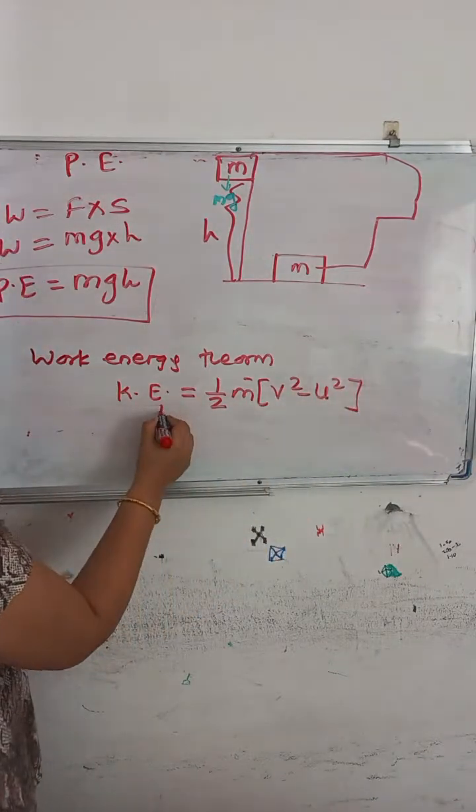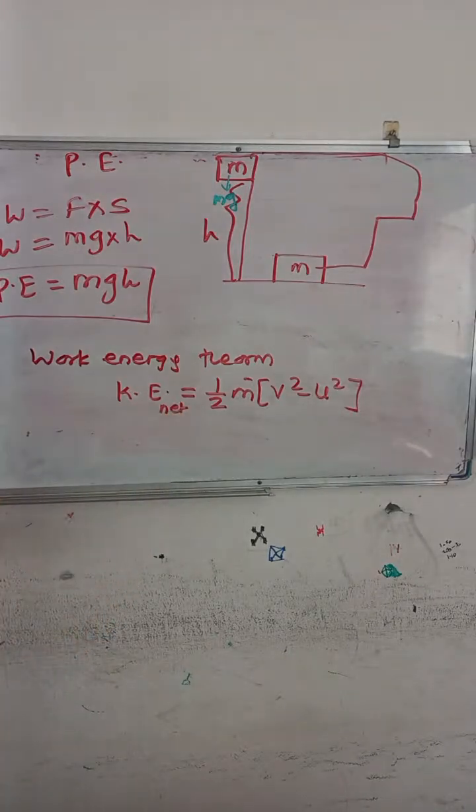This is also one formula, you can note it down. This is one of the formulas, you can take a screenshot of this. Then we can discuss the law of conservation of energy.